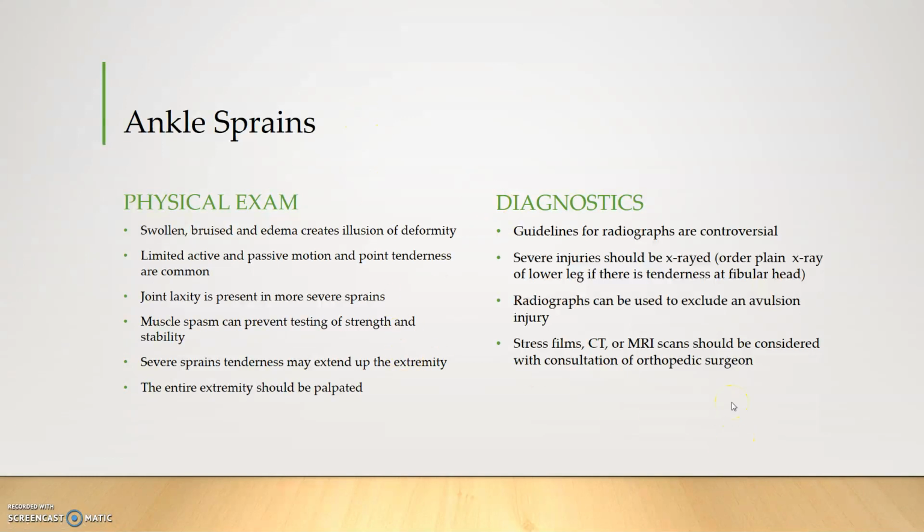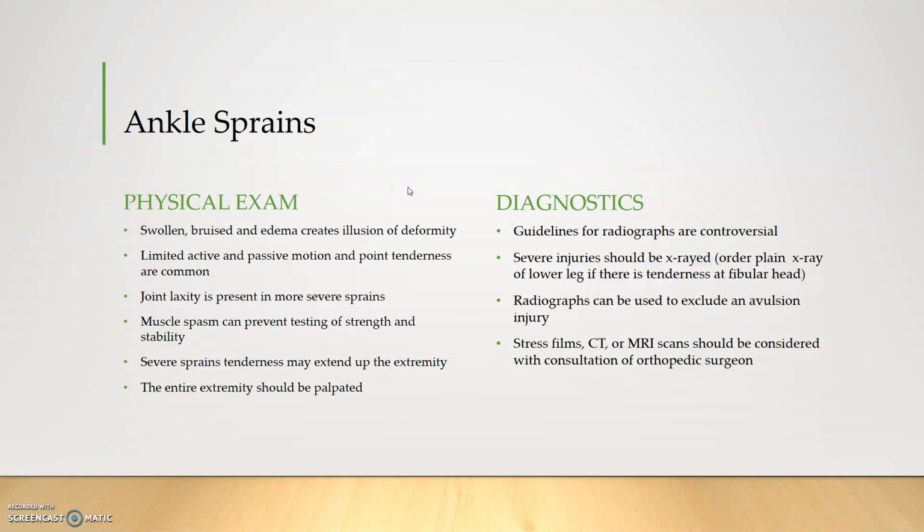Diagnostically, guidelines for radiographs are controversial. Severe injuries should be x-rayed, or order a plain x-ray of the lower leg if there's tenderness at the fibular head. I have a wonderful tool that I use. It's called the Ottawa Ankle Rules, and I'll include that in this module.